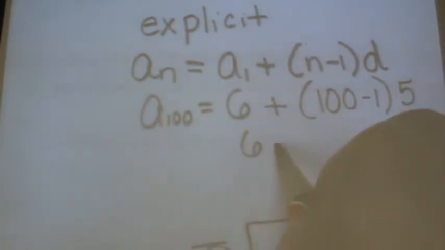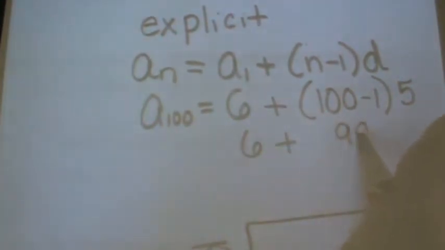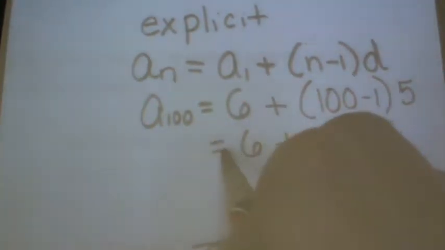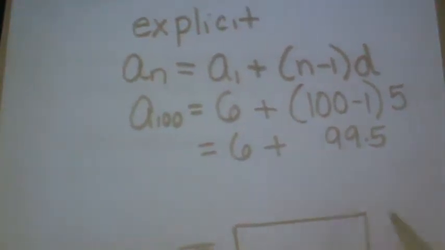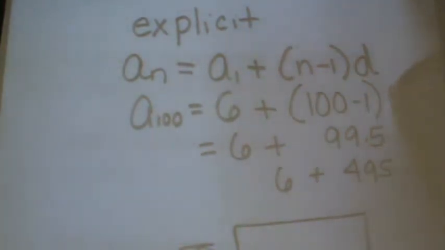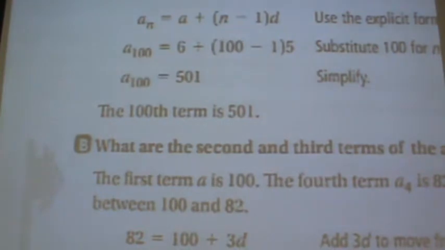So in other words, what's 6 plus 99 times 5? Well, what's 99 times 5? It's 495. And then plus 6 is what? 501. And check this out, 501 is your 100th term.